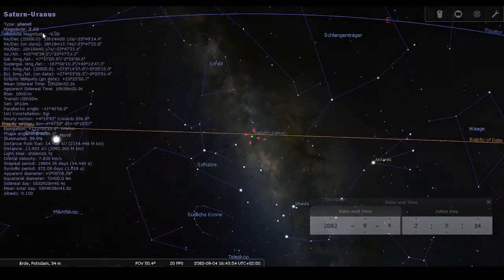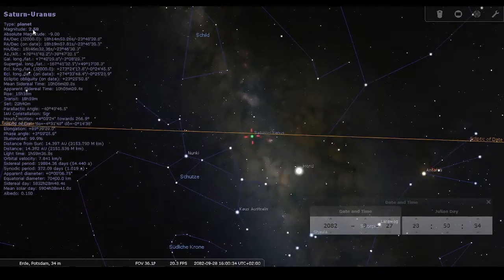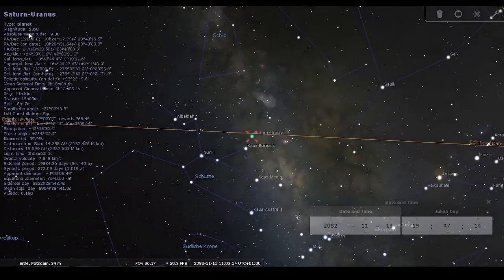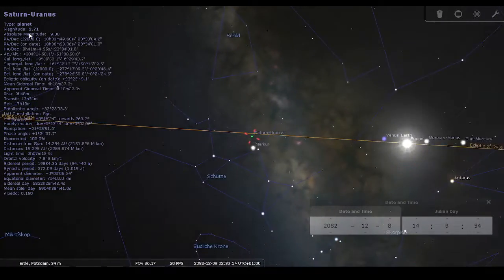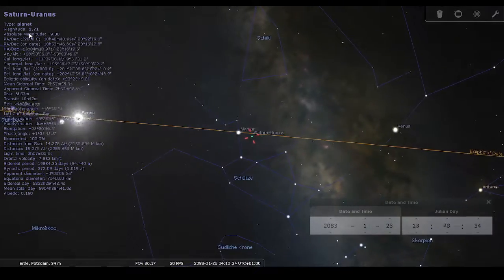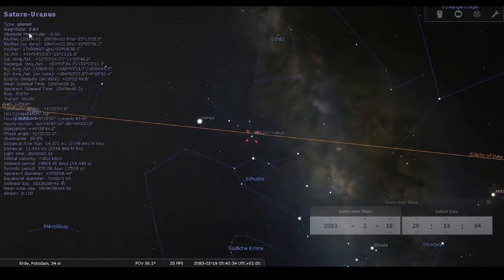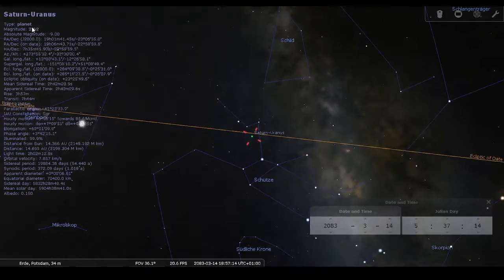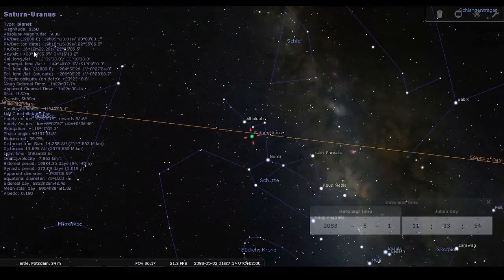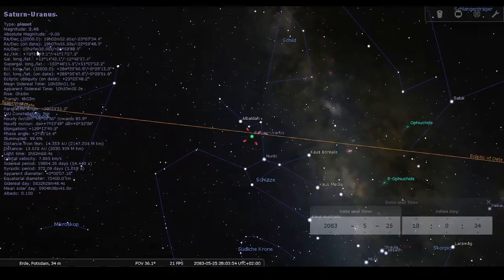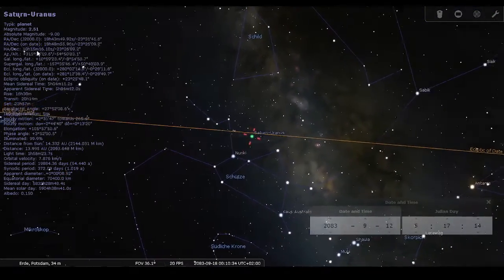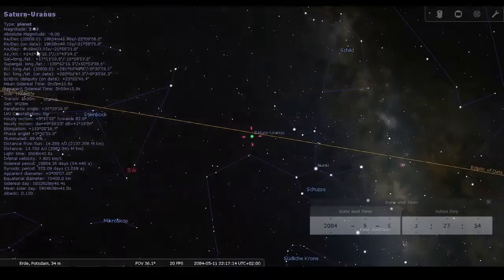The apparent magnitude is about 2.5 in positive. So it's less bright than Saturn, which has an apparent magnitude of about 0.5 to about 0, and Uranus has apparent magnitudes of about 5.5 to 6, so it's also in between.